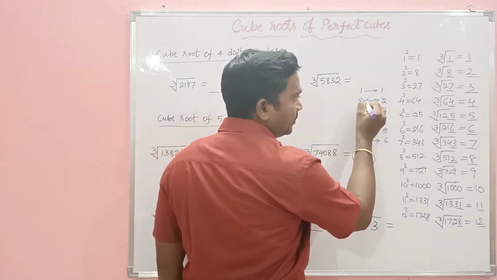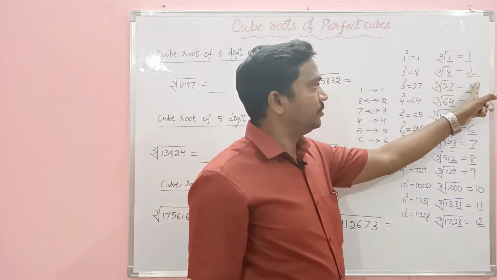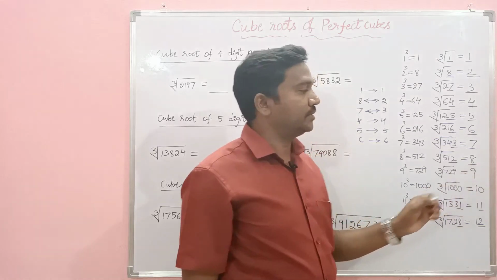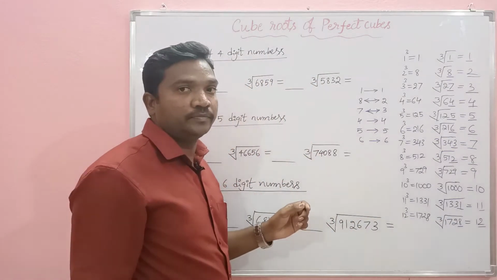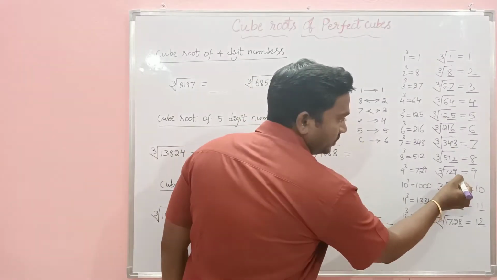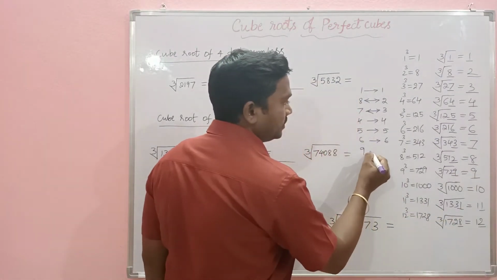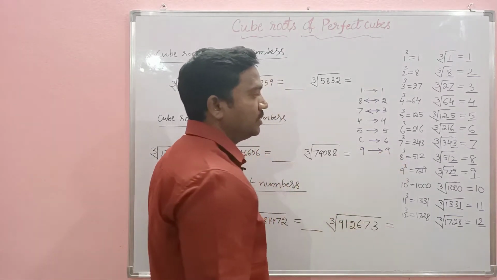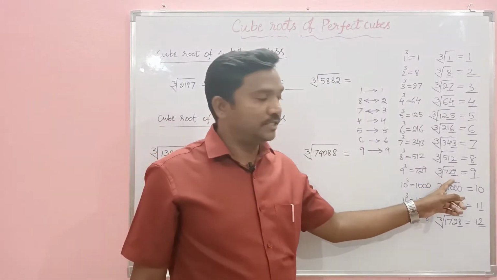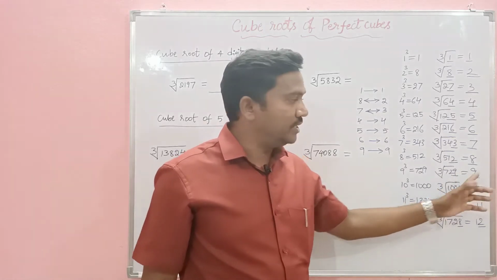So here it works both ways: 8 and 2, 2 and 8. Got it? Now here, 9 we can get 9. So if a number ends with the digit 9, then the cube root of that number also ends with the digit 9.